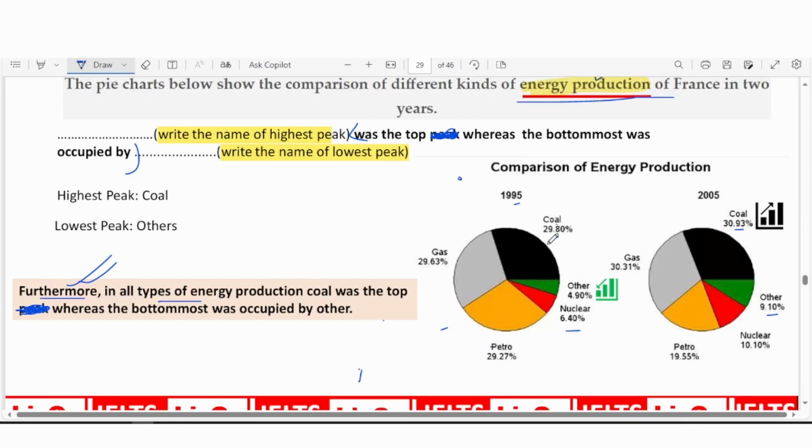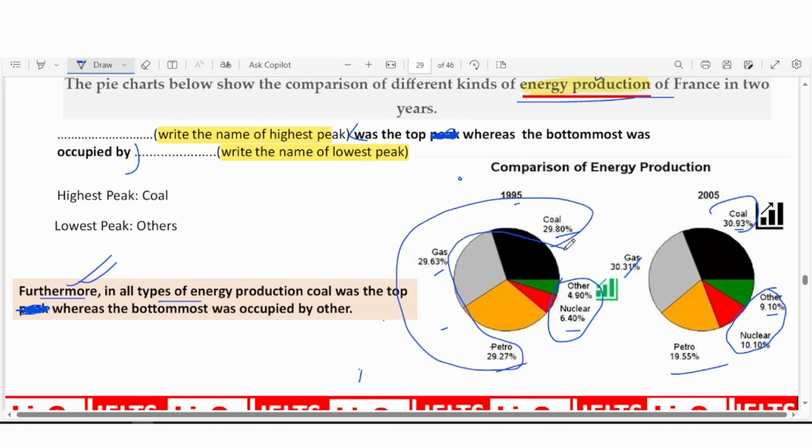So you need to look at the graph in a different way. If you look at this graph, what can you really see? The one thing I can really see is that coal, gas and petrol account for a lot more than other and nuclear. Even though those increased, coal, gas and petrol still account for a lot. Here, gas, coal and petrol account for nearly 90%, right?